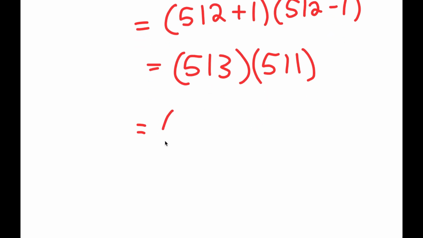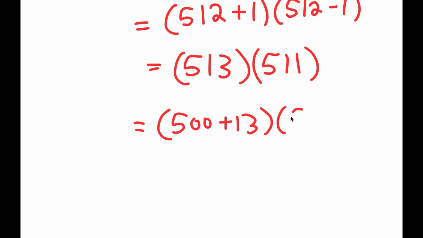And now this is equal to, well, we don't want to use a calculator for this, and just multiplying 513 times 511 is going to take a while. So there is a simpler method to doing this. And to do that, I'm going to rewrite 513 as 500 plus 13 and 511 as 500 plus 11.